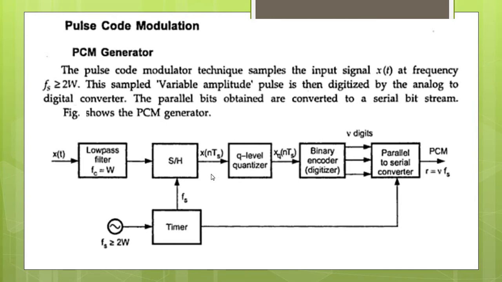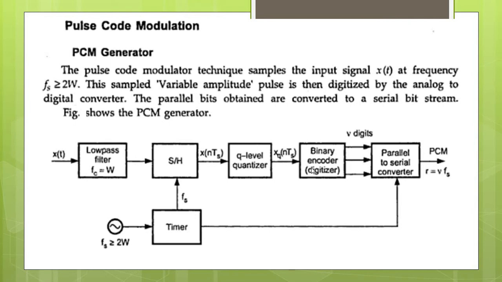Because between 1 and 2 we have the middle value as 1.5, all the values less than 1.5 will be rounded to 1, and all the values which are equal to and greater than 1.5 will be rounded to 2. This is the purpose of using a quantizer, which rounds the values of the amplitudes into its nearest integer form. So the output of a Q level quantizer can be represented as Xq of nTs.